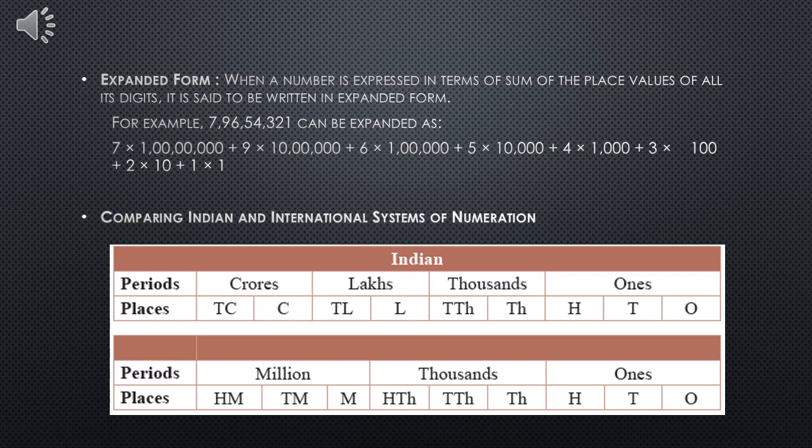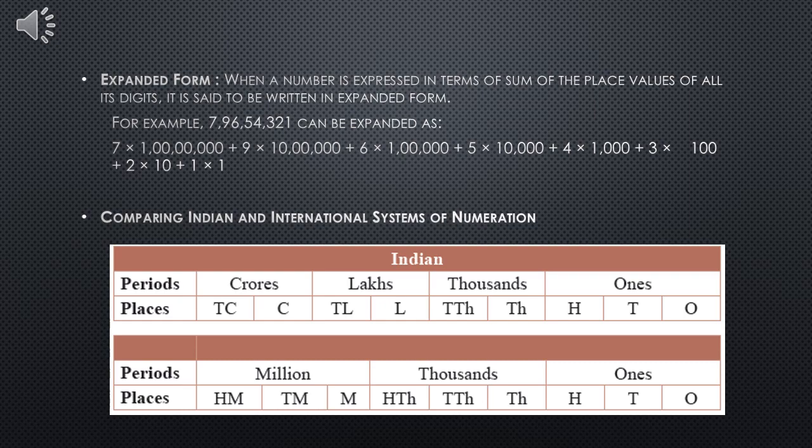Then next period is thousand period. Here we have 1000 and 10,000. Again, we have to put a comma after 10,000. Then comes the lakh period. In lakh period, there is lakh and 10 lakh. Again, you have to put a comma after 10 lakh. Then last period is crore period, that is crore and 10 crore.